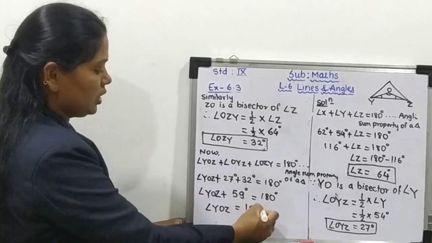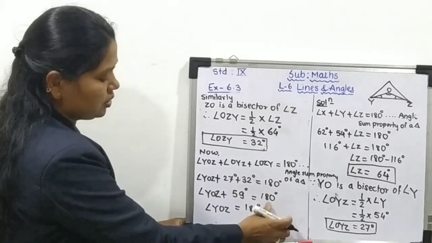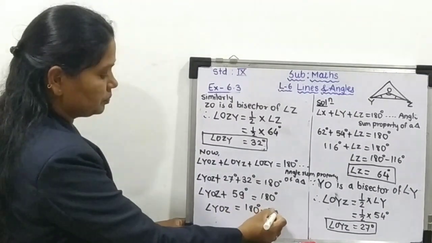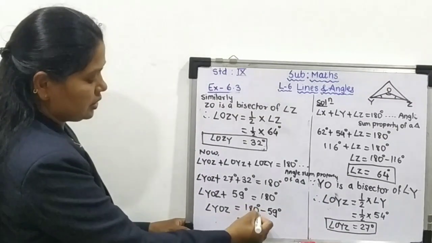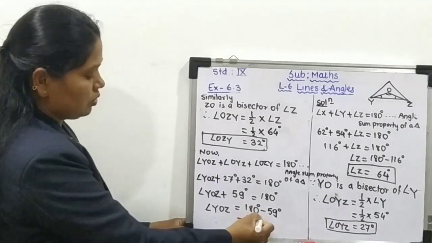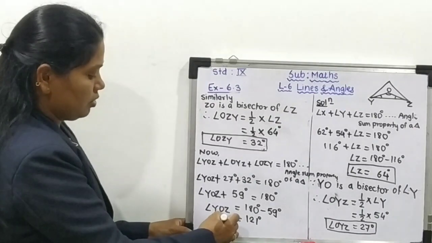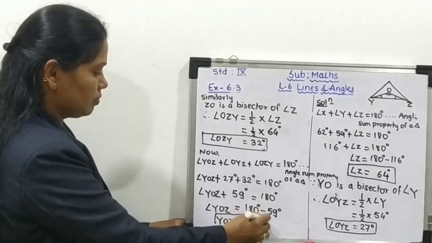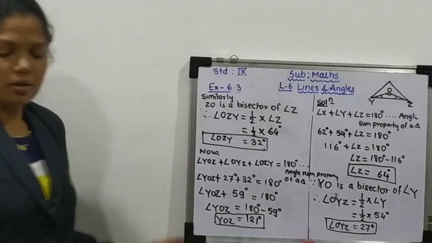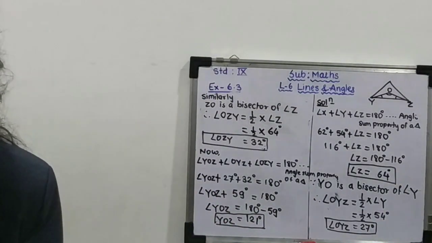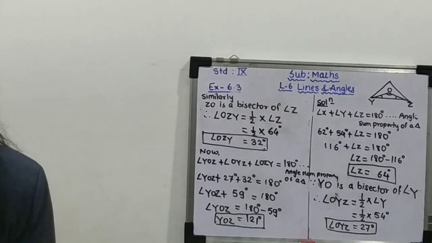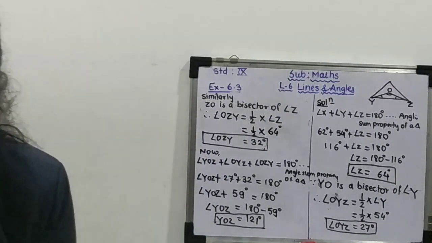So 180 degree minus 59 degree. So we got here 1, then 7 minus 5 is 2, 121 YOZ. Right? So angle YOZ we got 121. So in this way the exercise 6.3 question number 2 is over.